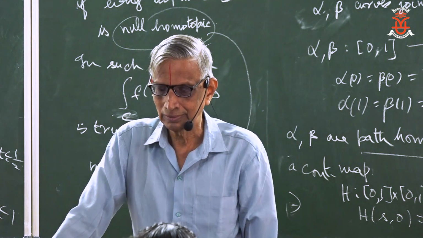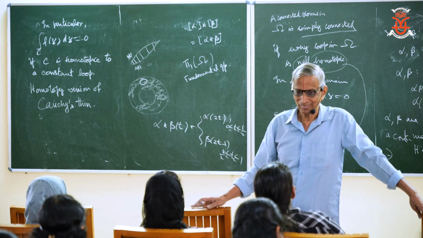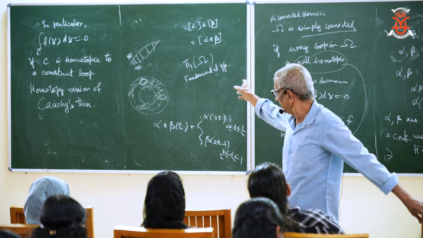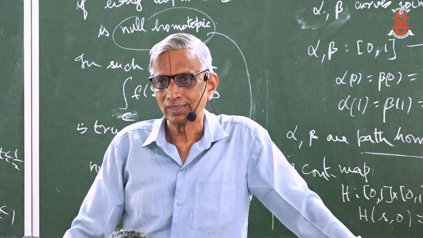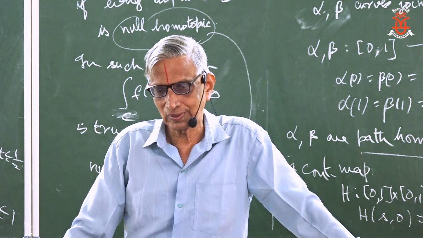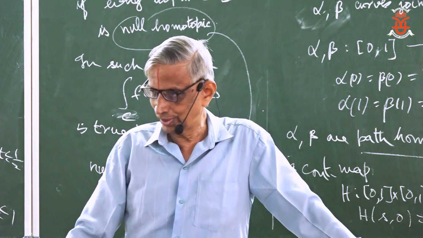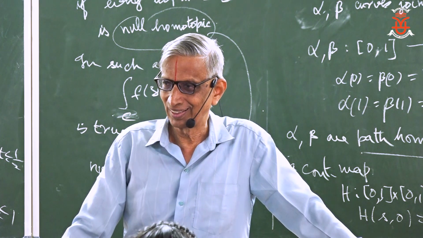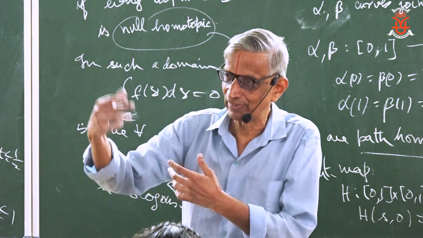Okay? Because we mentioned homology, let me also mention its relation to this homotopy fundamental group. There is also what is called the first homology group. The fundamental group is what is called the first homotopy group.